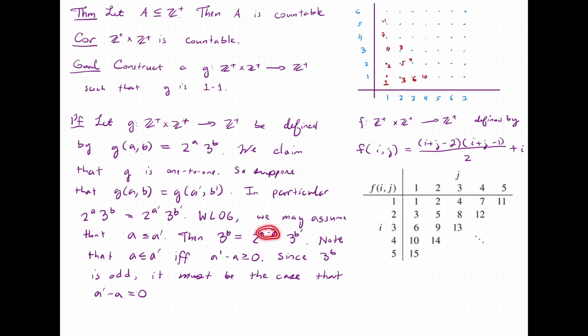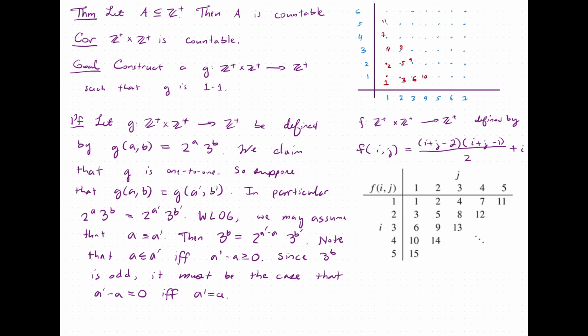But if it were some positive integer, then we have that 2 times this quantity is going to be an even quantity, this is odd, and we know that that's a problem since an integer can either be even or odd, but not both. So it must be the case that a prime minus a is equal to 0, which is equivalent to a prime being equal to a.